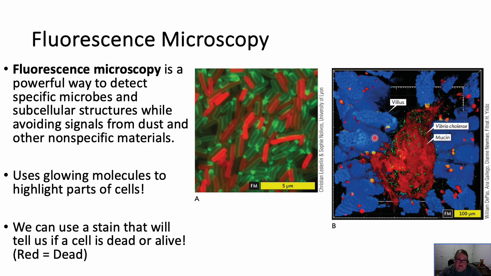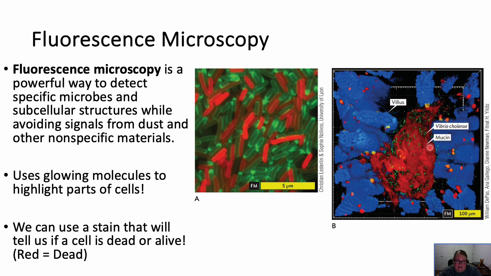Okay, so this is something that we've observed before in class. We've seen this micrograph. We have three different fluorescent stains here. We have one that's going to highlight the villi, so this is a gut cell. We're looking for Vibrio cholerae, which is a bacterium that causes cholera. We have one fluorescent antibody that's highlighting the villi.